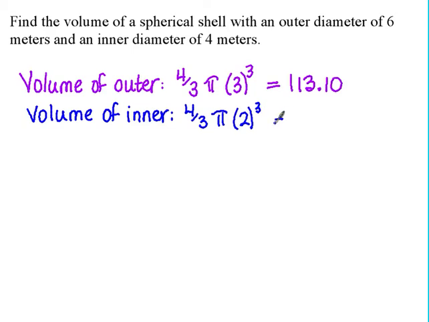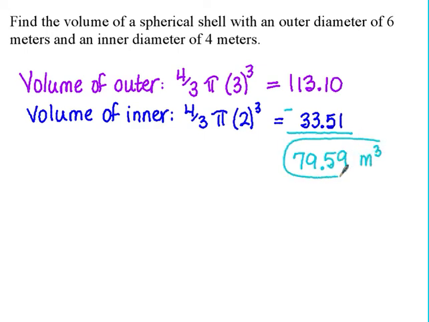Okay, and what will that equal? 33.51. So to find the total volume, I'm going to subtract. And what do I end up getting? 79.59. Yeah. Label will be meters cubed. Okay, questions? Think you can handle this?